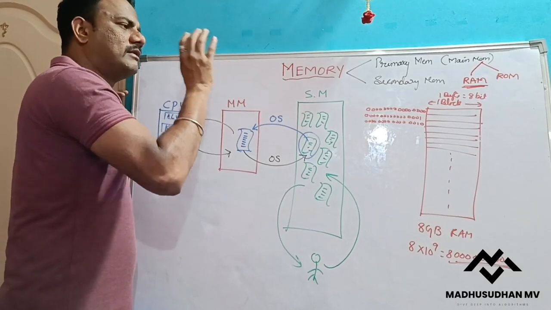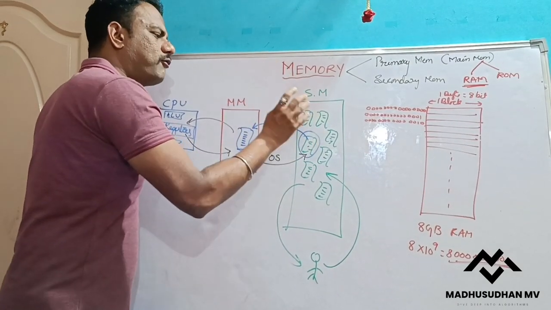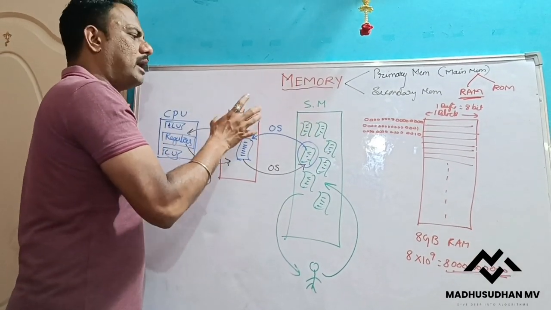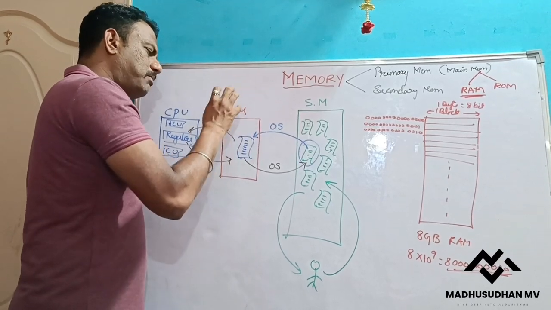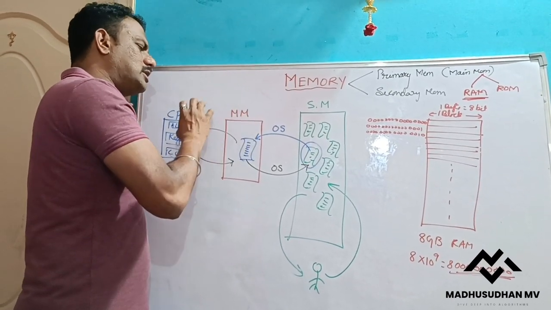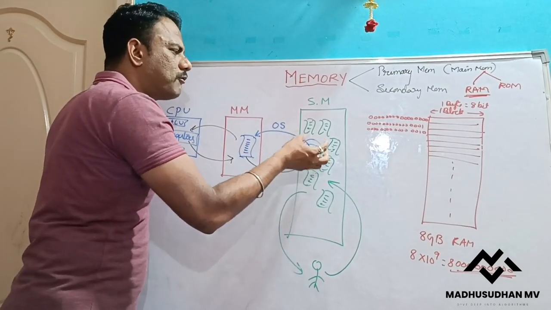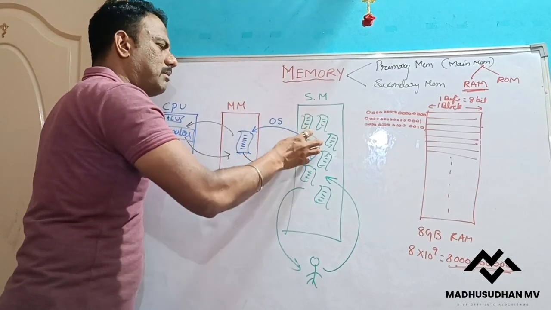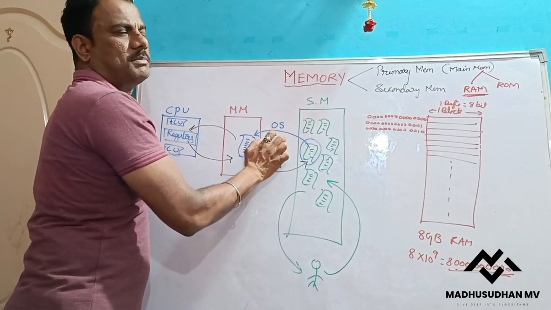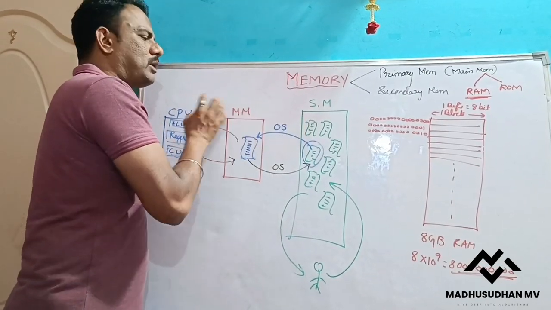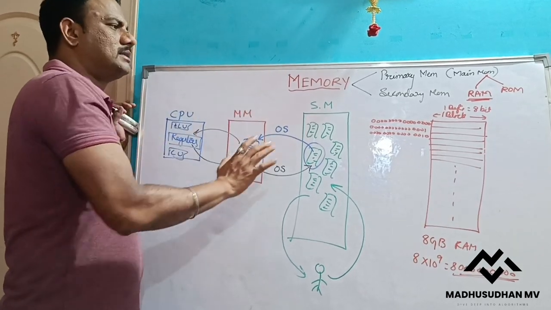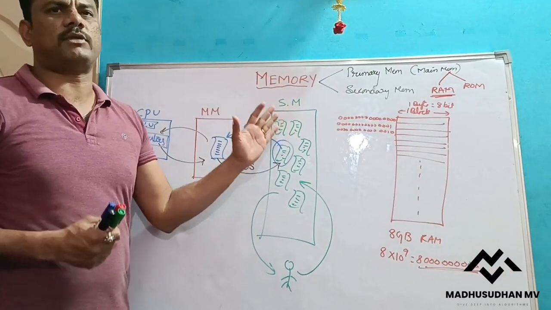So in order to execute any file, that file should be in the main memory, because once it is in main memory, the CPU can take it. Who brings it from secondary memory to main memory? The operating system. Once the operating system brings it, the CPU can take and execute. This is just the basic concept of memory.